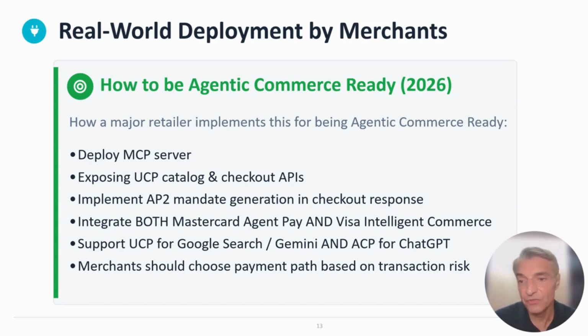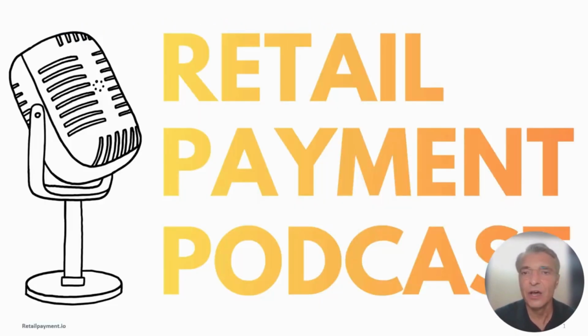Integrate Mastercard or Visa, which most merchants have done already, because both are supporting agentic commerce payment flows quite nicely. And then you as a merchant finally decide what kind of risk you take, right? This is no different to what you are doing currently. So now I have walked you through it, and you should have a good and comprehensive understanding of agentic commerce.